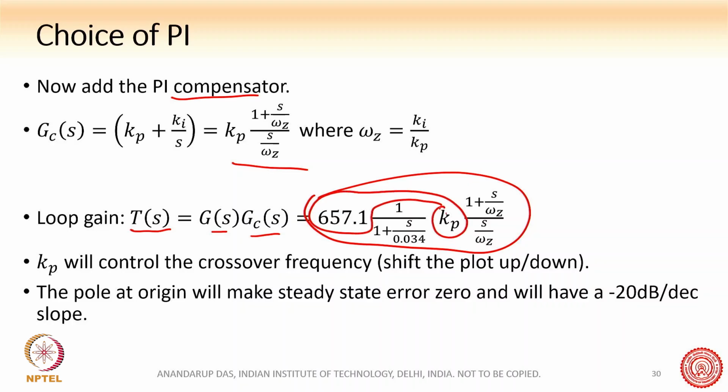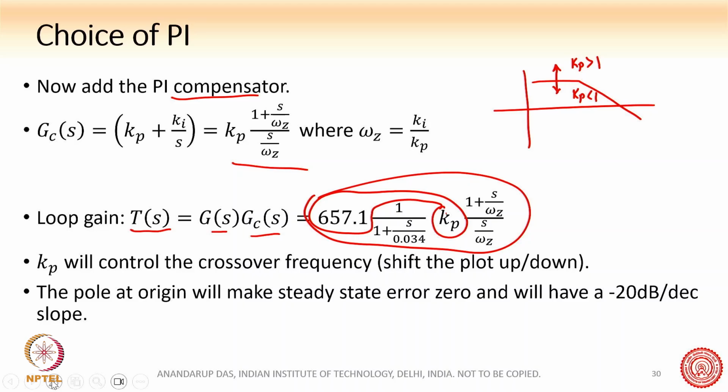This Kp is basically controlling the gain, right? So what will it do? Suppose you have a plot like this, it can shift this plot up or down depending on whether Kp is greater than 1 or less than 1, right? So you will be able to shift the plot.